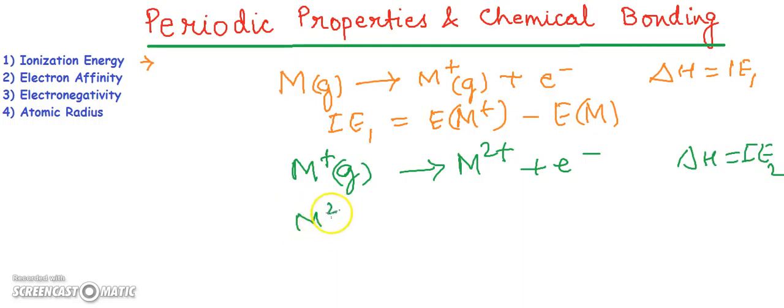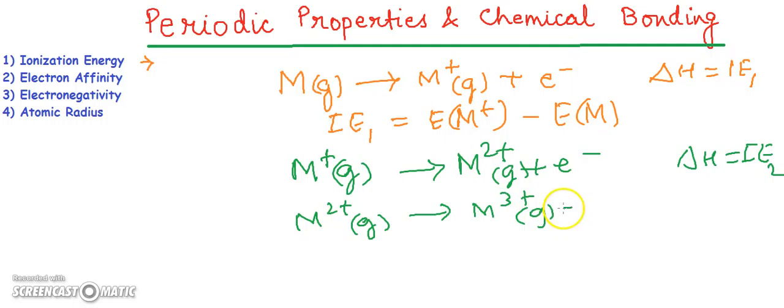Again, this dipositive metal ion is going to form the tripositive metal ion with the removal of an electron, and you will have delta H as IE3.